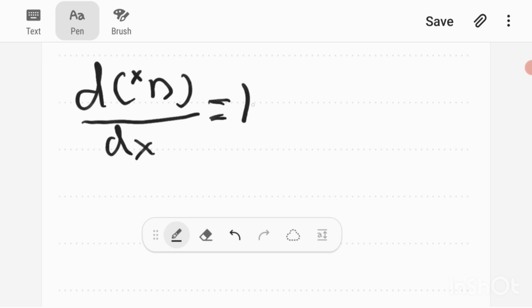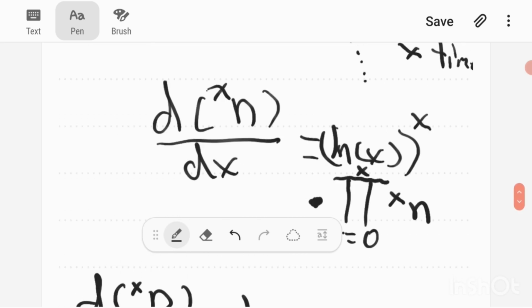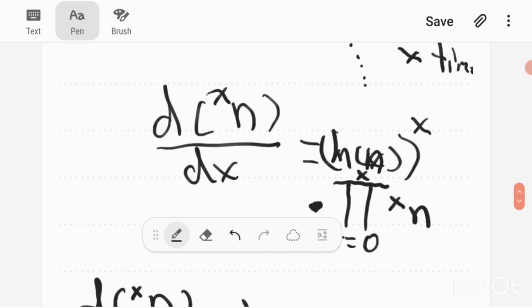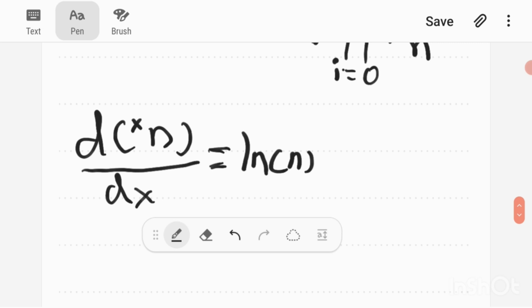is equal to ln of n, right here, actually, it should not be ln of x, raised to the power x, multiplied by a product.